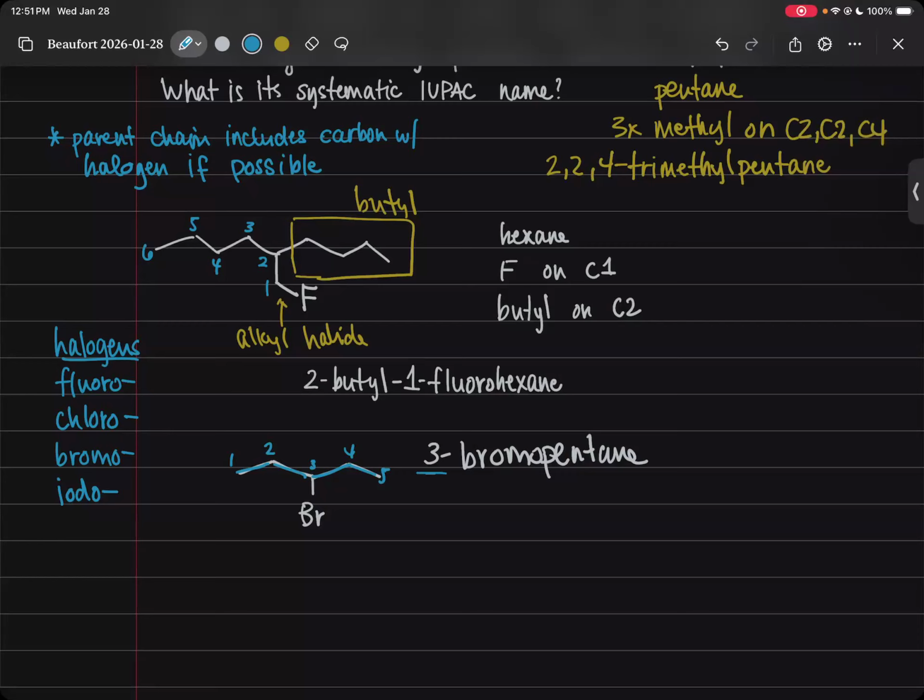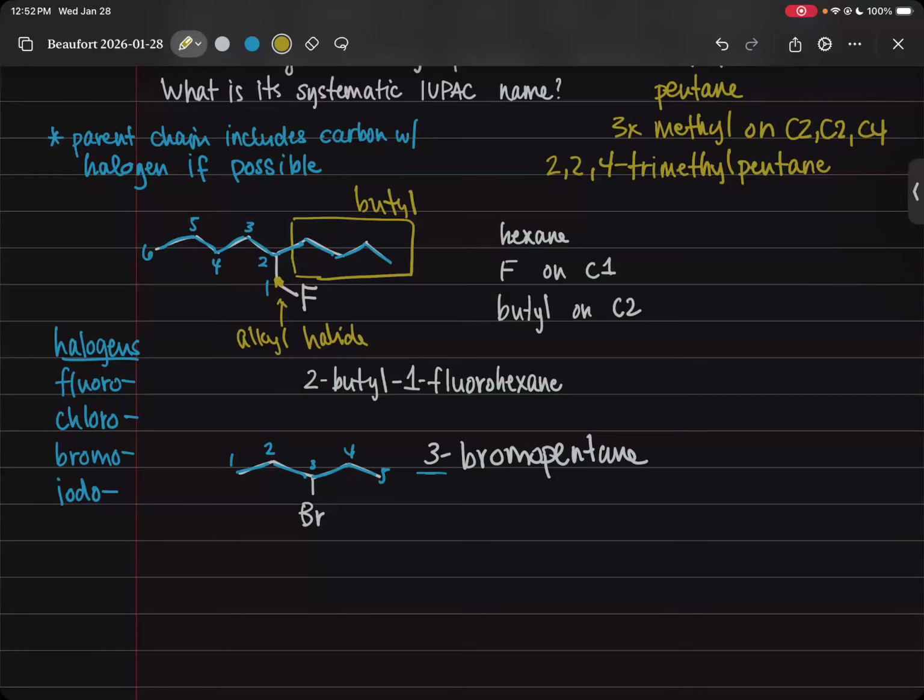But on the fluorine example, if we had the horizontal chain just be the parent chain from 1 to 9, the fluorine would not be attached directly to the parent chain. It's attached to a carbon, which is then attached to the parent chain. So it's not directly on one of those carbons.